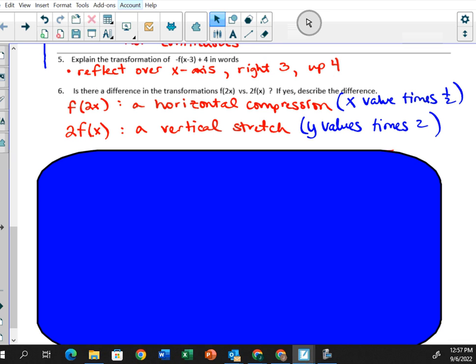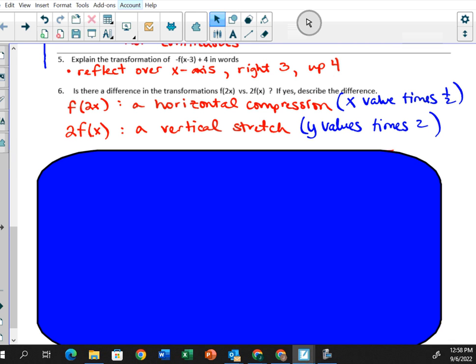All right, that's all on the front, right? Any questions there? Anything you need to go back to? I basically said x values times 1/2, y values. That's okay. Anything else?